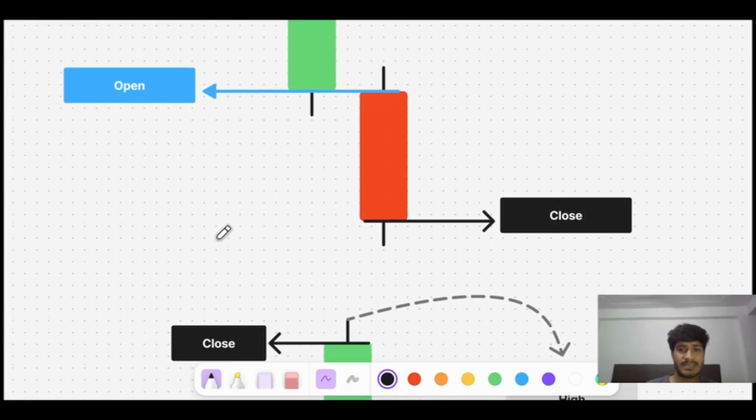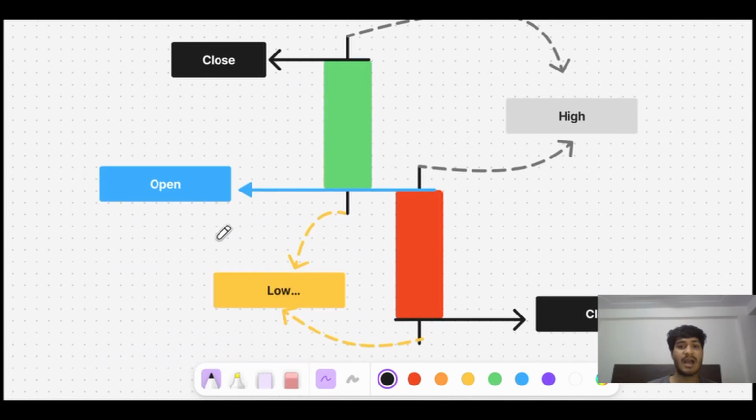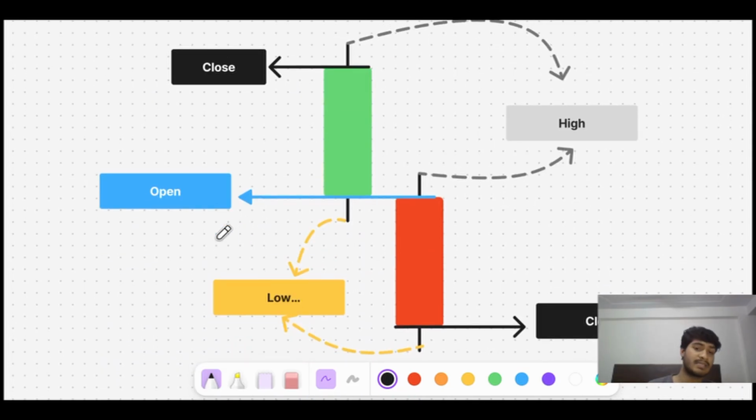Now let's see if we can see all these four data points in the same chart. Now you can see this is the high for this candle, this will be the low, this is where it started, and here is the body, and this will be the close, right?